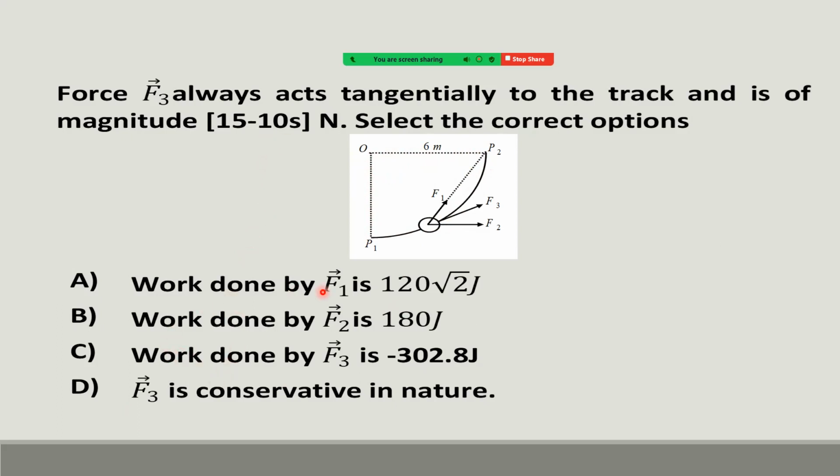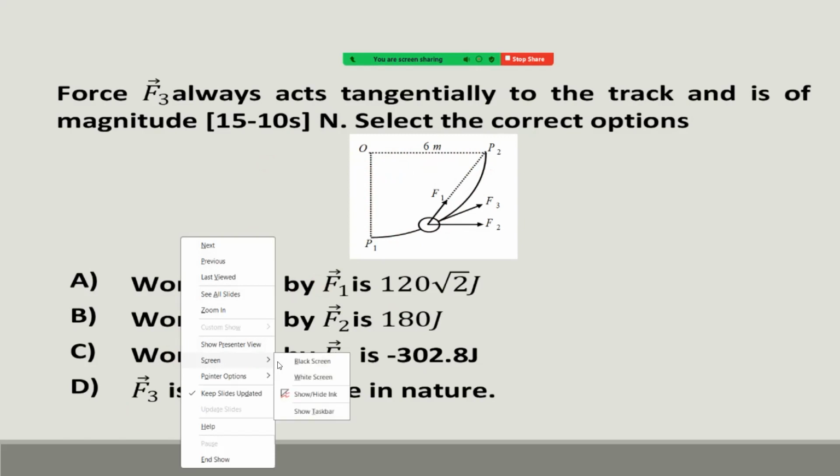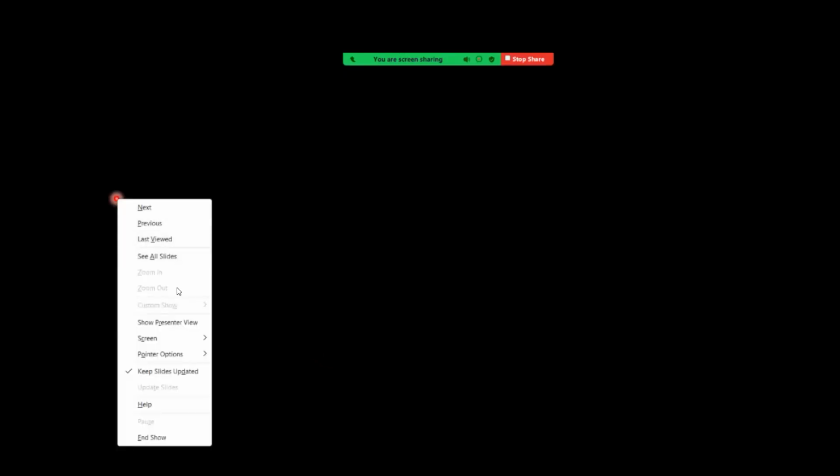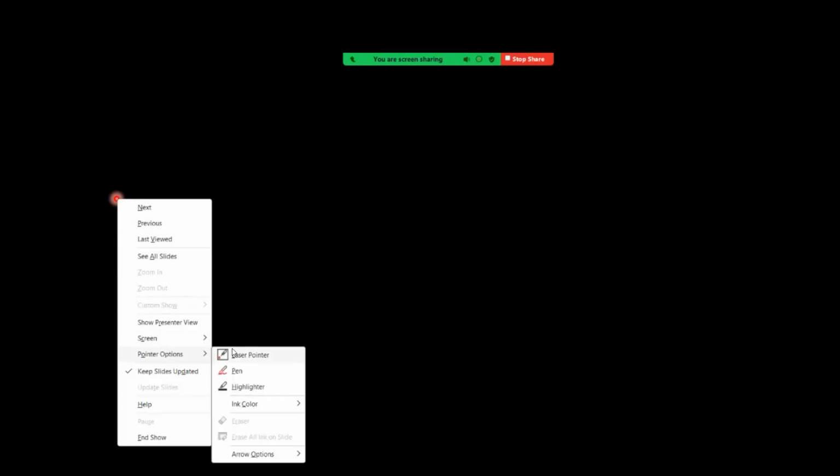Okay, let us see first how to calculate now work done by all these forces. Right. So first of all, note on the given data.